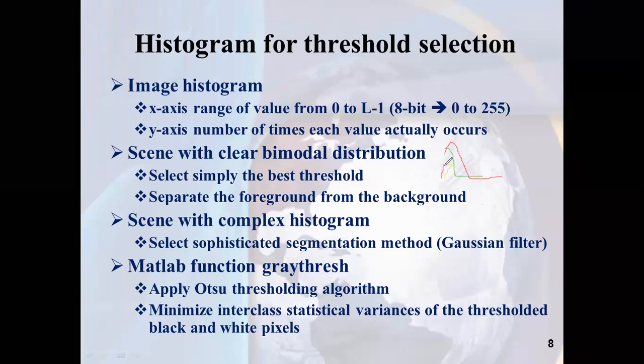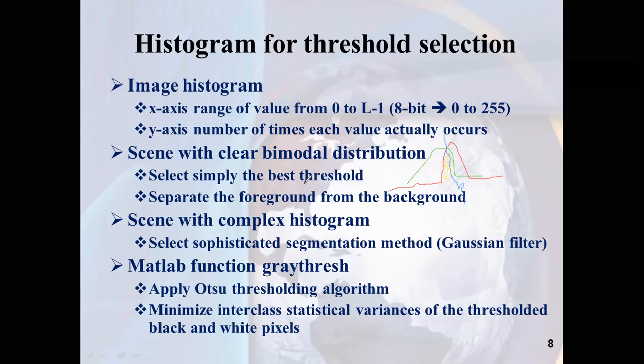Here, it's very difficult to divide the image into two classes, because in the overlapping region, how can we know whether this pixel belongs to this plot, or this pixel belongs to this plot? So it's very difficult.